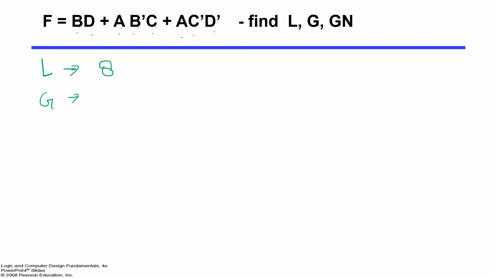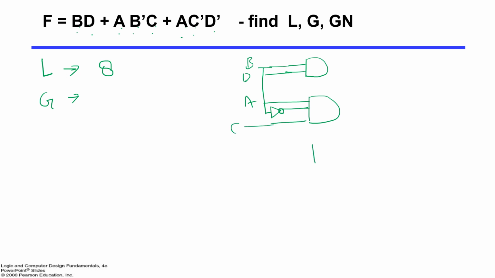Let me draw the circuit, then maybe it will be much easier for you. So we have one AND gate where B and D are inputs, right? Then we have another AND gate where A is the first input, NOT of B is the second input, let me make the NOT, and C is the third input, right?